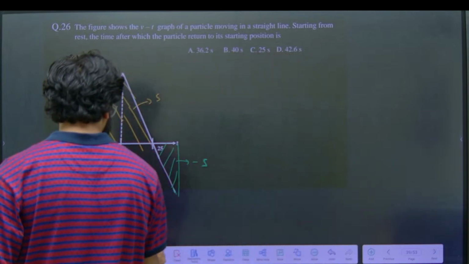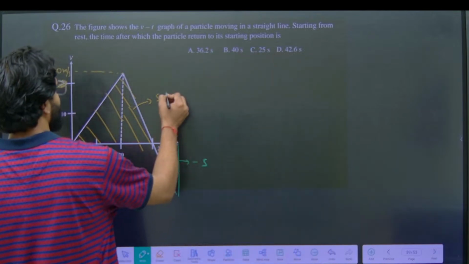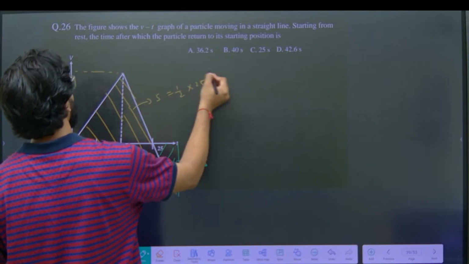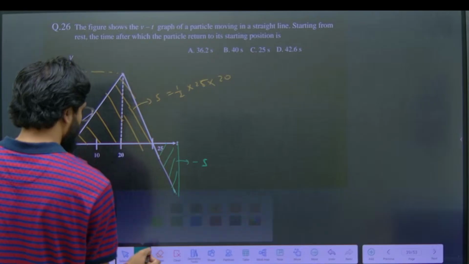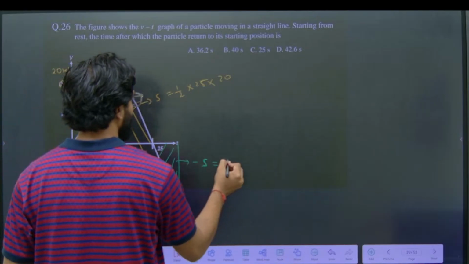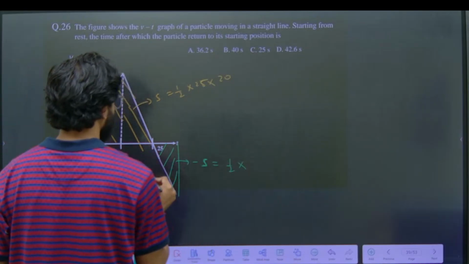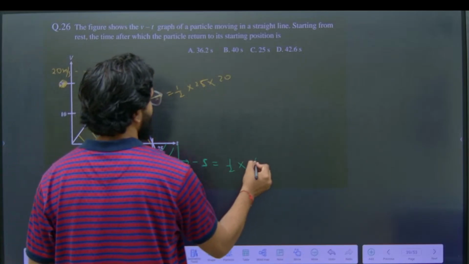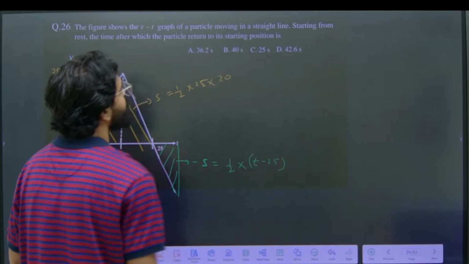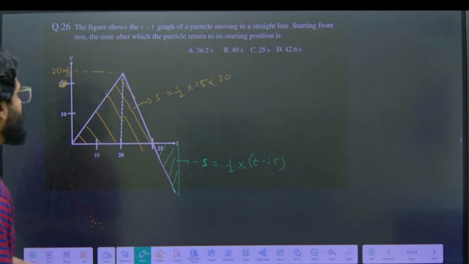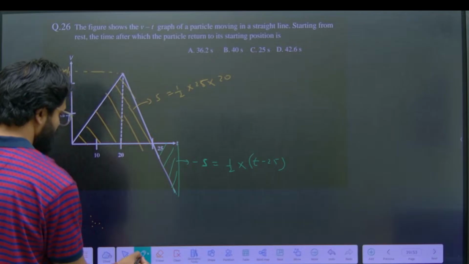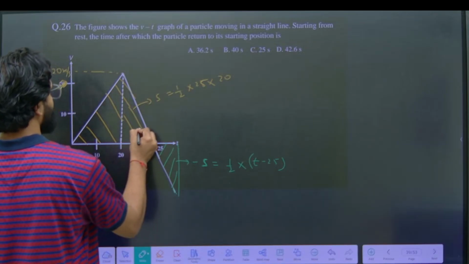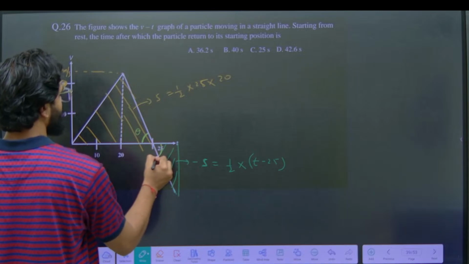So the upper one, can we write it as half base into height? And the lower one, can we write it as half base? The base we do not know. If this is t and this is 25, can we write t minus 25, into height. If we look carefully, if this is theta, this is also theta.